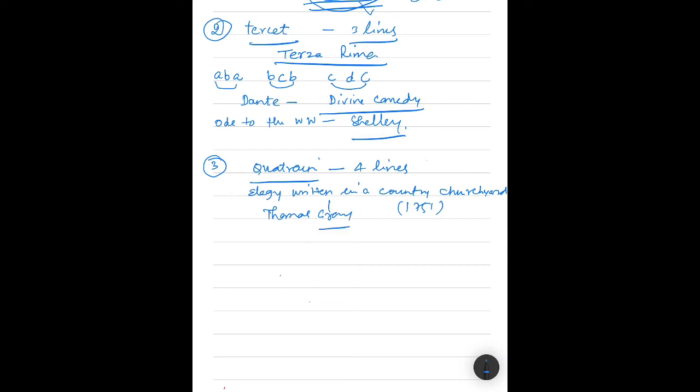This is a poem written in quatrains. And you'll find out actually the quatrains used by the poets very often.